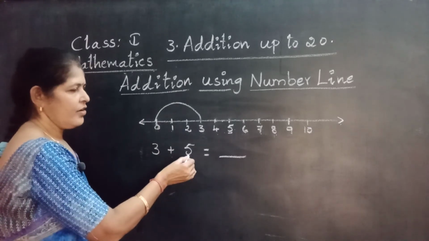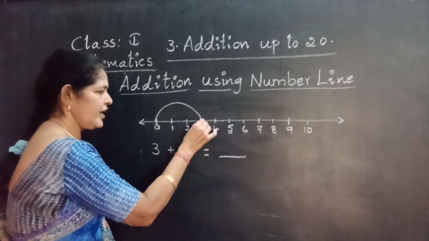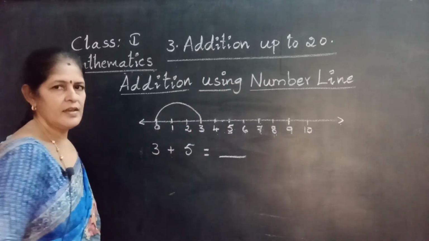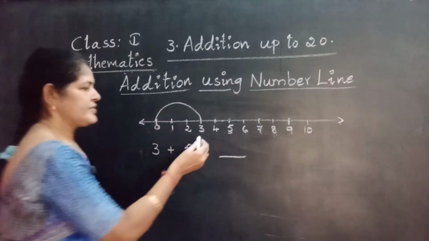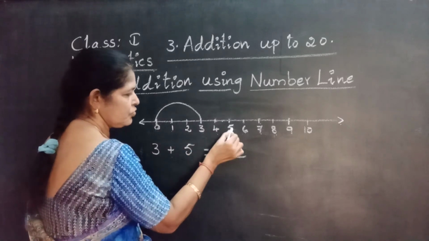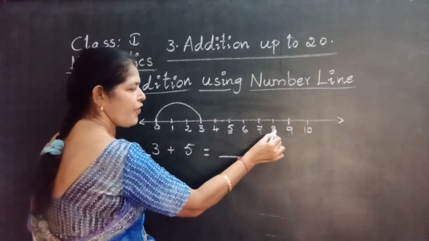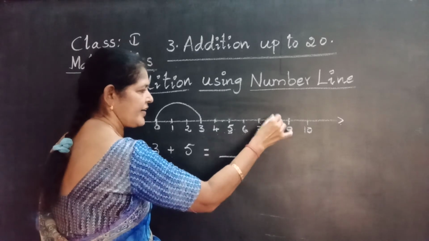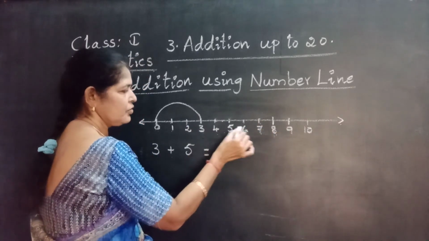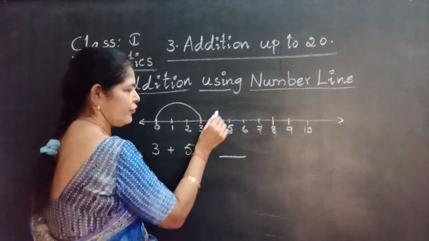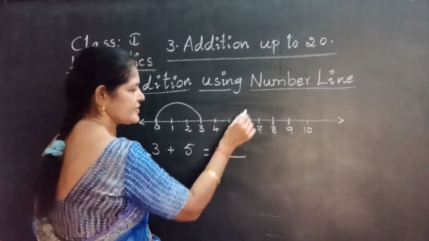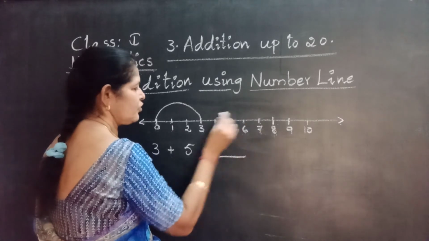Now the next number is 5. From 3, you take 5 more steps forward. See, 1, 2, 3, 4, 5. We stop at 8. 3 to 4, 4 to 5, 5 to 6, 6 to 7, 7 to 8.